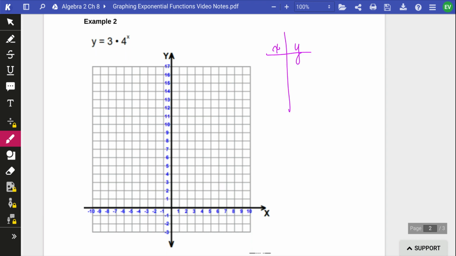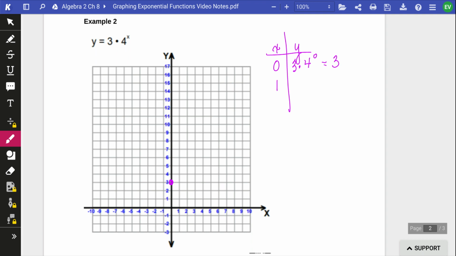Again, I like to start small, and 0 is a nice round number. So 3 times 4 raised to the 0 power. Anything raised to the 0 power is 1. So 3 times 1 is 3. So (0, 3) is my first point that I'm going to plot.